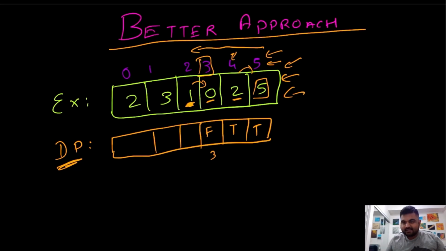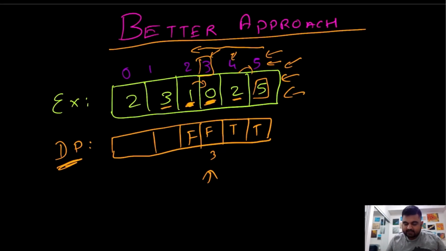In this case, this is already false, which means that the maximum we can get to is this third place. From this third place, we can't go anywhere. So we don't even need to check these values. We can only check this DP table, and we can conclude that no, we can't go anywhere forward. So we will put a false over here as well.